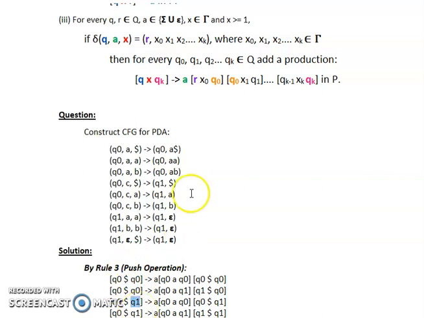And due to the state, it can have Q0 on the right hand side and Q1 on the right hand side. That means for Q0 you have two cases, Q0 and Q1. Then again for Q1 you have two cases, Q0 and Q1 again.